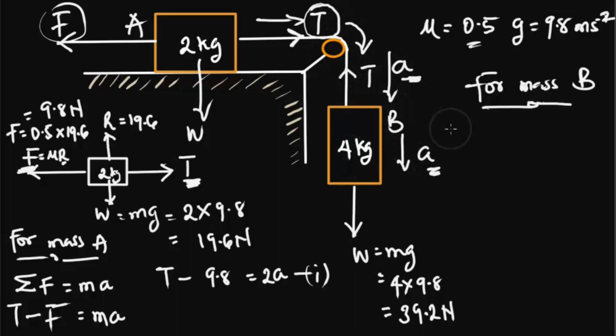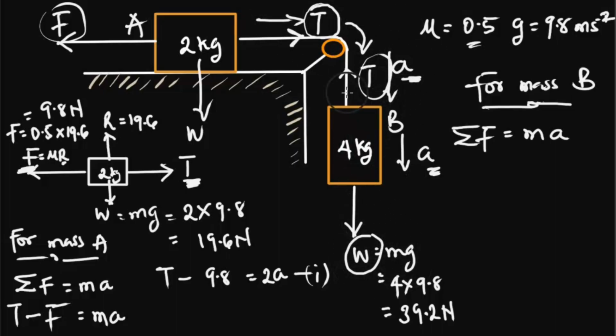Alright, so the net force is mass times acceleration. What is the greater force? The greater force is the weight, because the block is moving downwards, which means that the weight must be greater than the tension. If the block is moving upwards, that means the tension is greater than the weight, but the block is moving downwards.